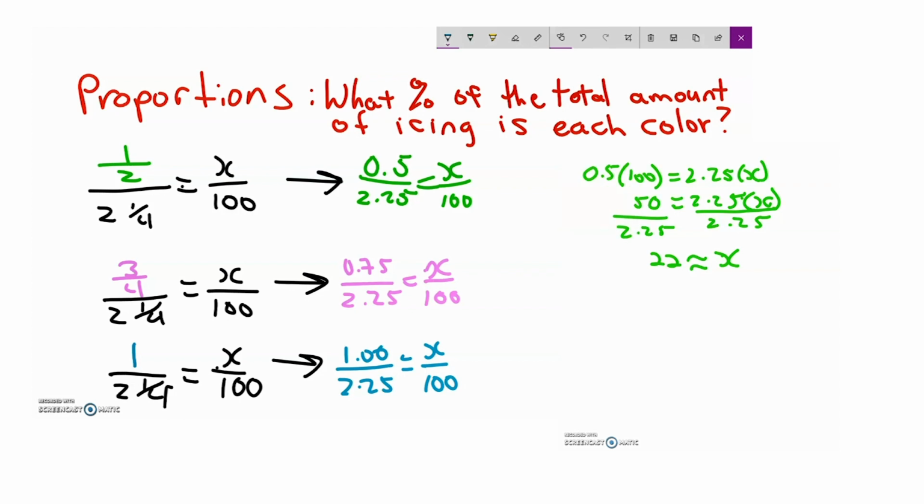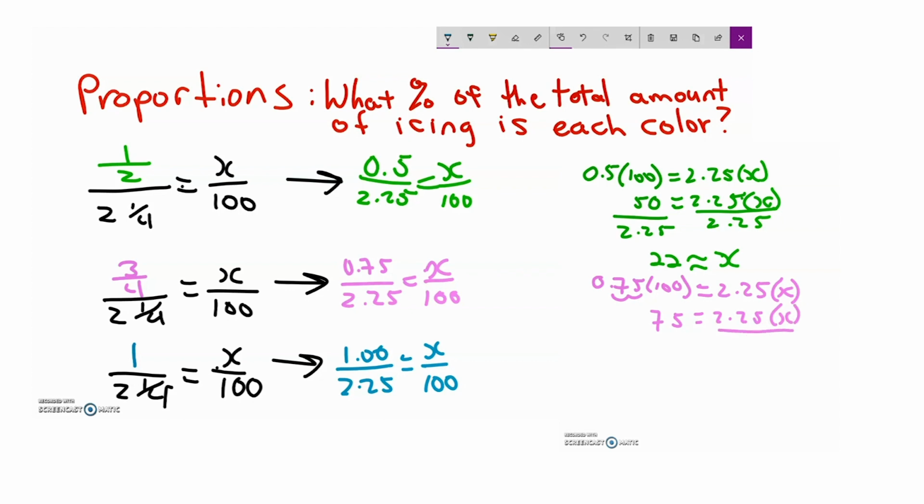For the pink, we have 0.75 times 100. Again, recognize that this is kind of like a pattern because we just did this for the green. Now we're doing it for the pink. We multiply 2.25 times x, again moving the decimal place over 2 times, so we get 75 is equal to 2.25 x.